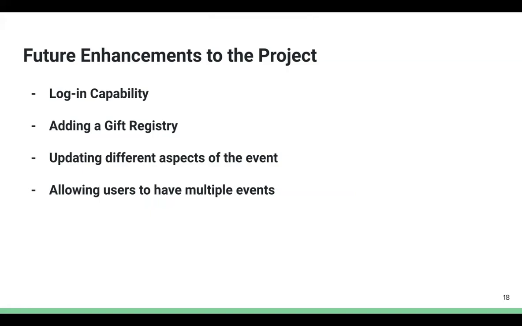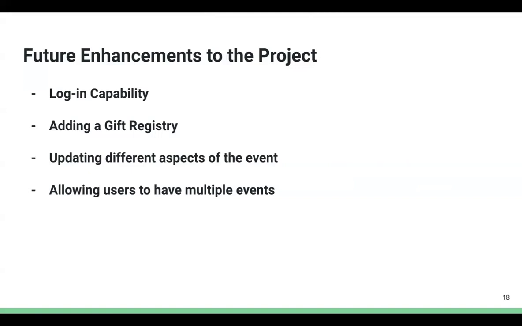So users that have used this app previously can come and log in using their username to continue editing their event. Also, our next future iteration would be to add a gift registry. Maybe you could link any store that you want, be it Target or Amazon or anything, and then you can go directly there and have it on hand.